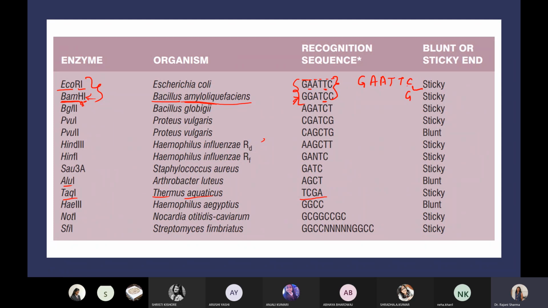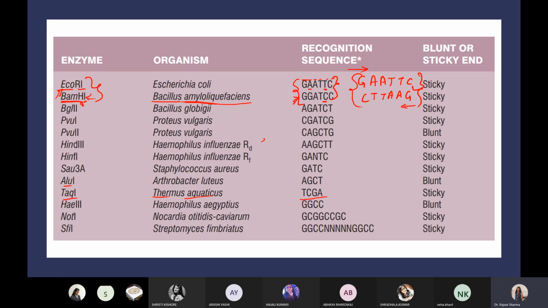It will be CTTAAG. Now whether you read the frame from this side or from this side, both are the same. This is known as a palindromic sequence. So whether you go from 5' to 3' or 3' to 5', the EcoR1 enzyme will be able to recognize the site where it wants to restrict.